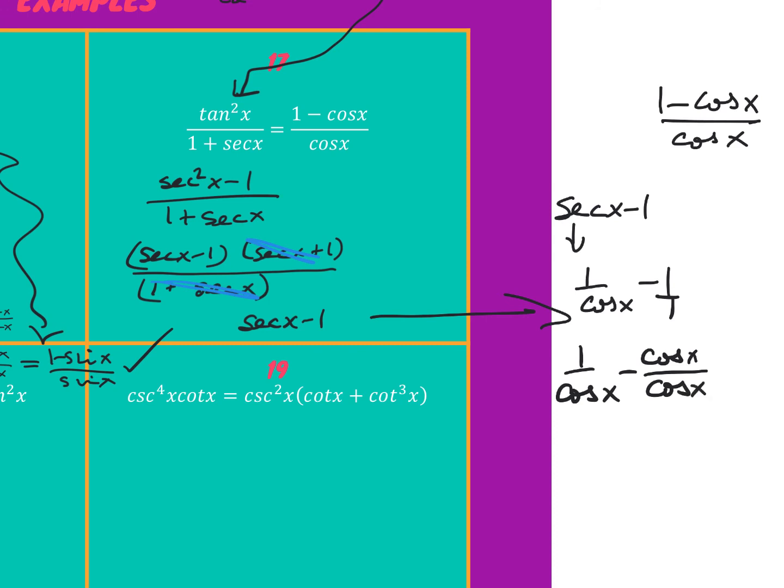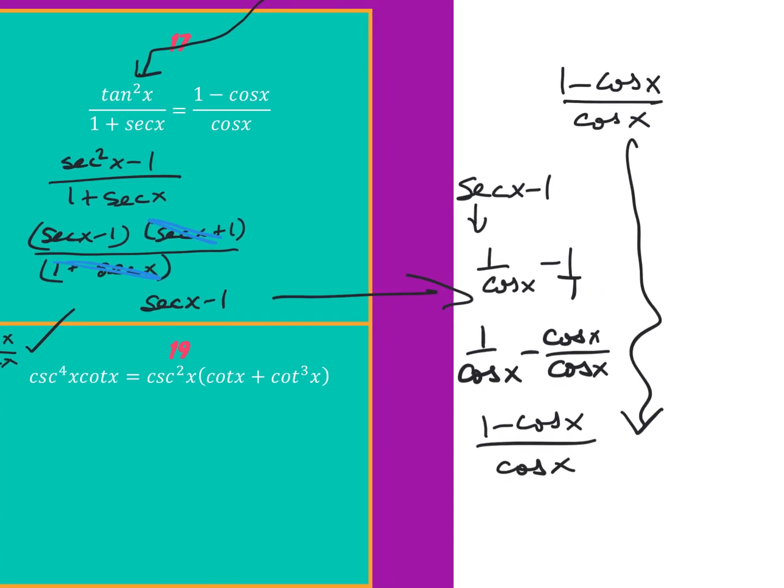I can add the numerator. And now it looks like this side. 1 minus cosine x over cosine x. It's done.